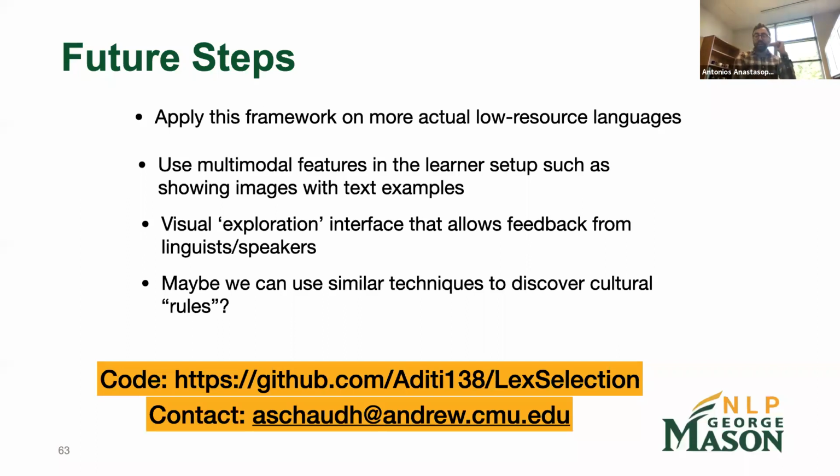But the other thing that I'm really excited about is creating a visual interface to allow linguists and speakers to explore all of those rules, give feedback, look at examples, look at counter examples, because these are almost always the most interesting. This is something we're right now working on.